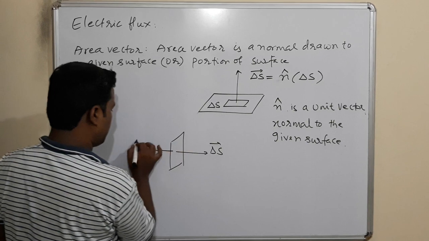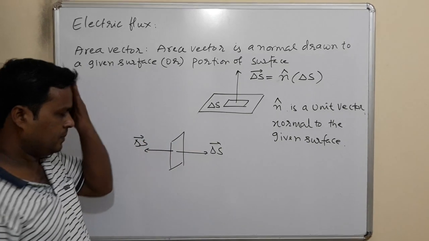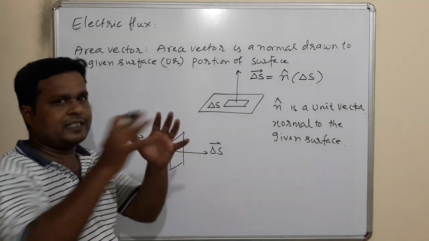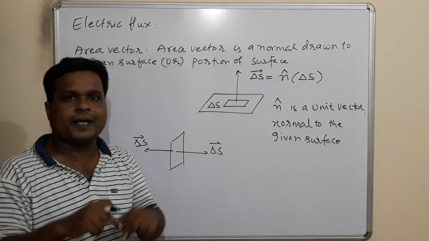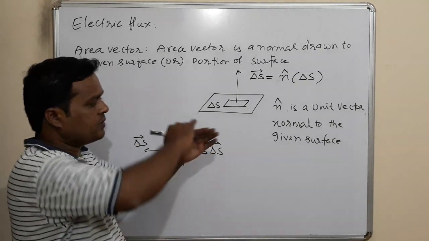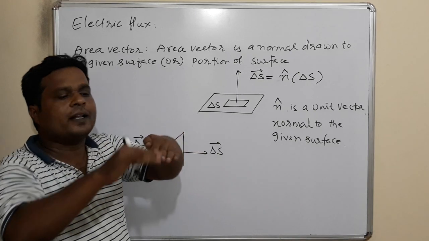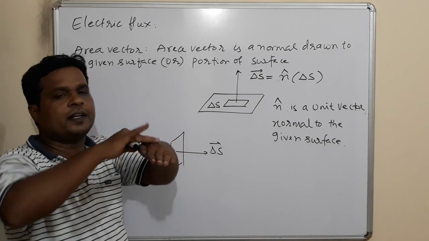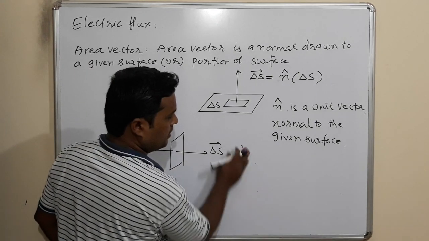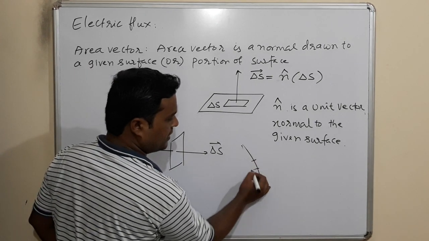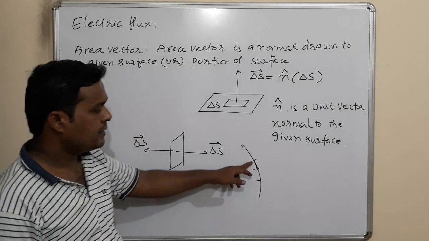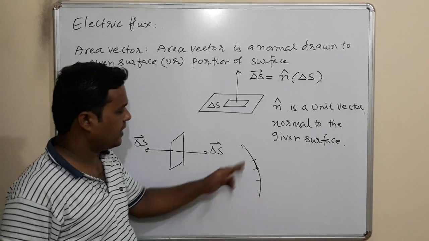This is also delta S, this is also delta S. If it is a closed surface like a spherical or cubic body, we divide every spherical area into small portions so that each portion appears like a planar surface.